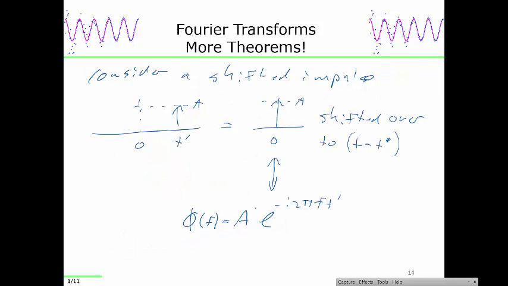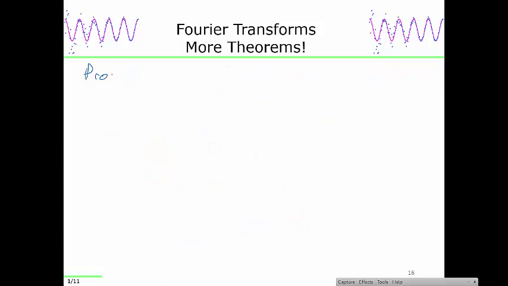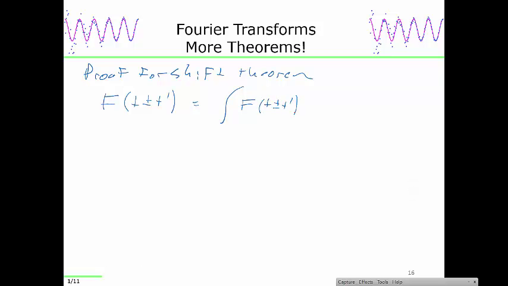All right. So the proof for the shift theorem. So that's the Fourier transform of f of t plus or minus t prime.